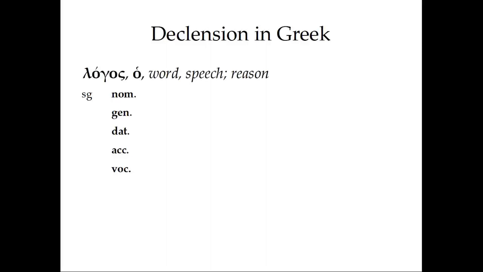Now, let's look at a noun like logos. Logos, word, speech, or reason. Just as we saw the basic form that verbs were introduced in the readings in the previous lesson, we will see here the basic form that nouns will be introduced in the readings. So this here is the lexical form, logos.